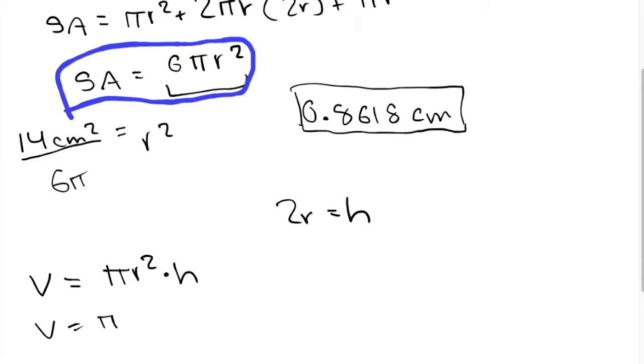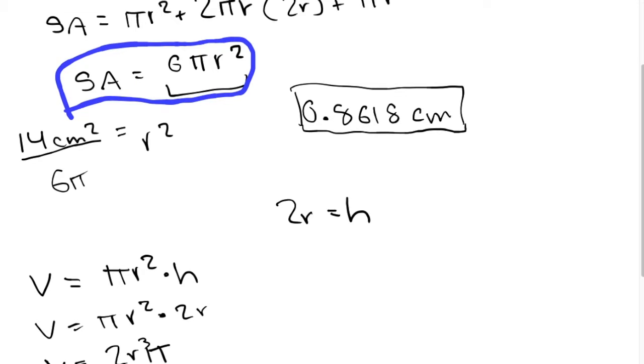So V is equal to pi r squared times 2r, which gives us, when we simplify it, 2 pi r cubed, right? R is cubed. So this would be a simplified version of the formula.